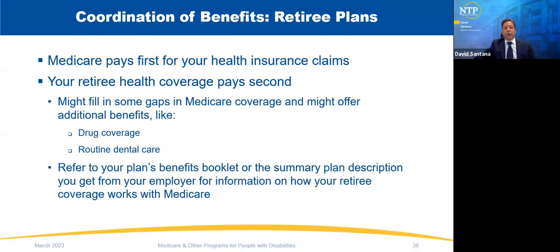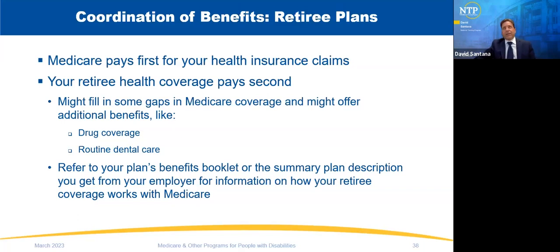When the individual is enrolled in Medicare and has these plans, if they're able to keep those plans into retirement, it's great, because typically those plans wrap around Medicare to help them with the out-of-pocket expenses. Most of these plans have routine dental care and things that are usually not covered by Medicare.